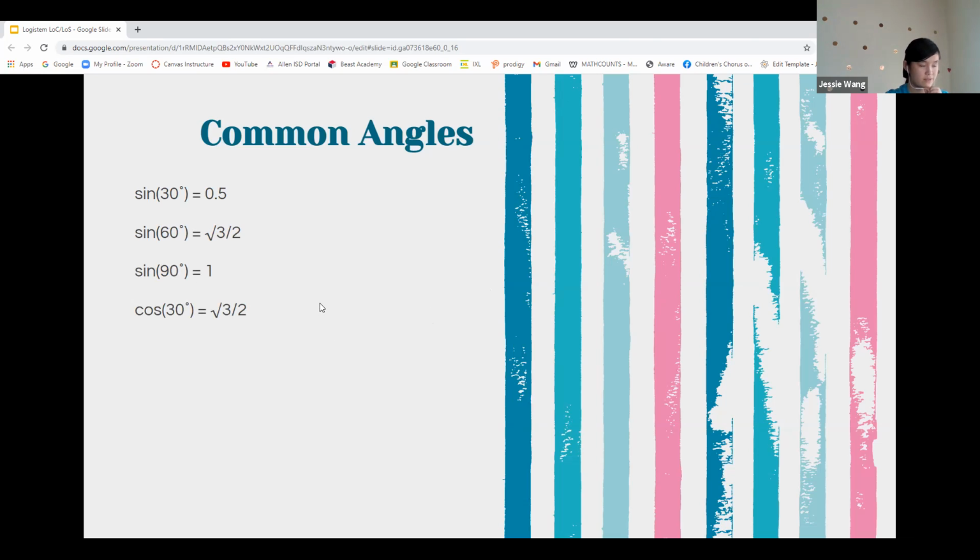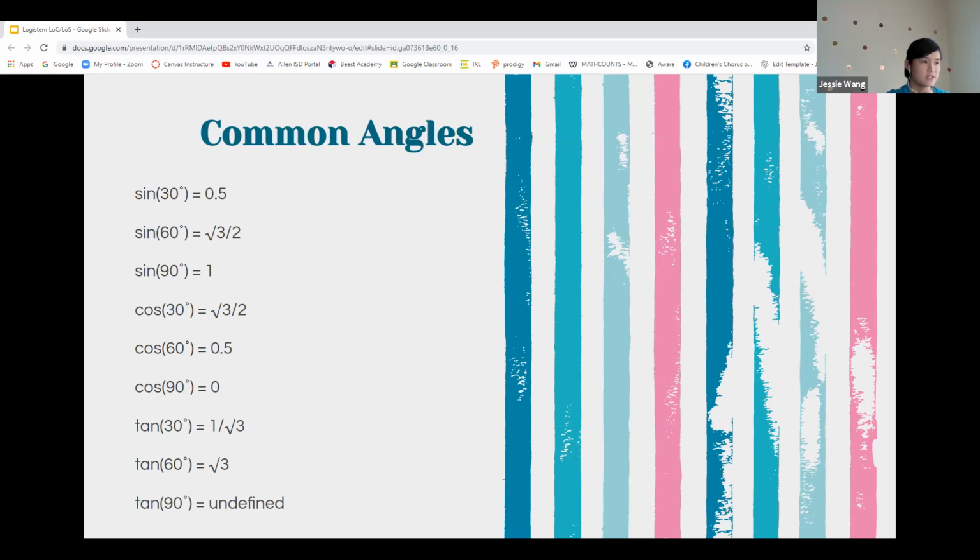So we have cosine of 30 degrees is root 3 over 2, cosine of 60 degrees is 1/2, and cosine of 90 degrees is 0. We also have tan of 30 degrees is 1 over root 3, tan of 60 degrees is root 3, and tan of 90 is undefined.